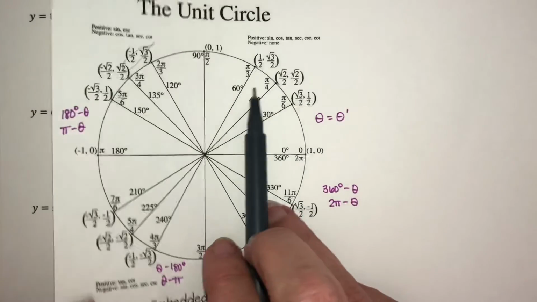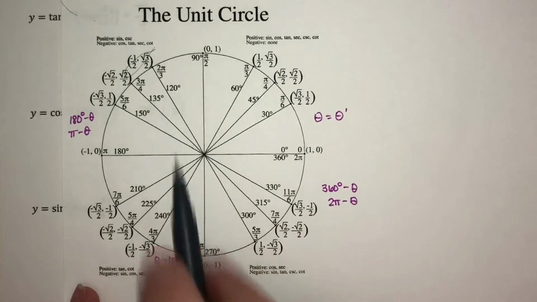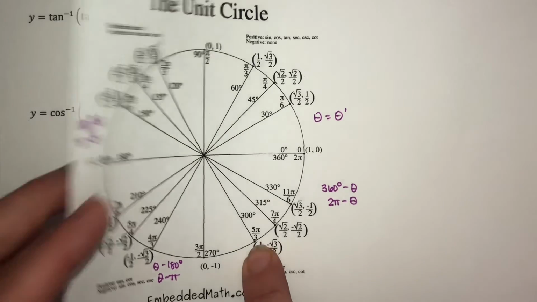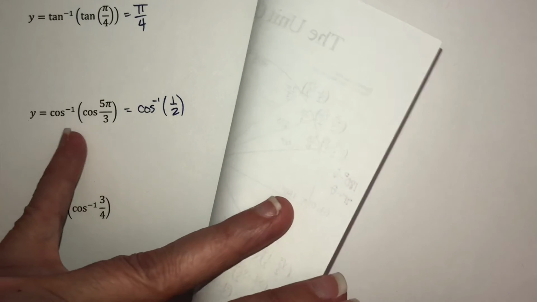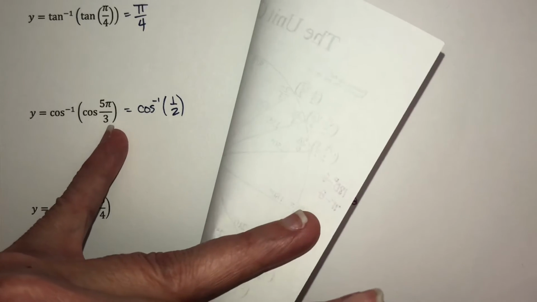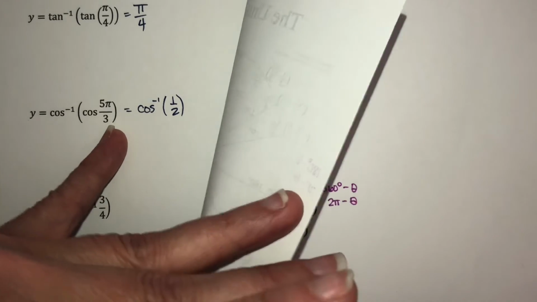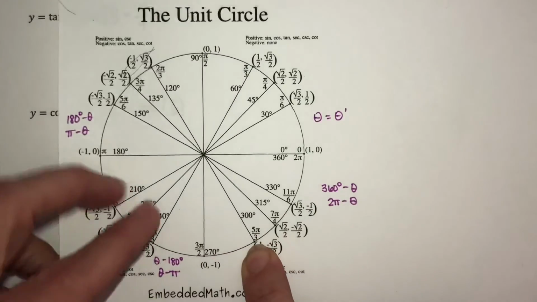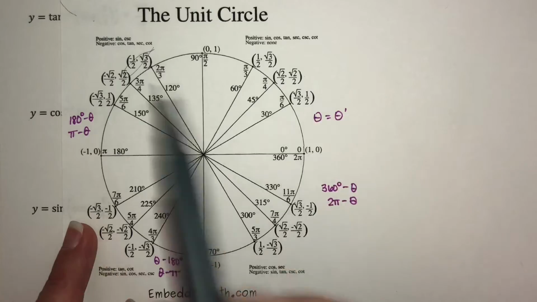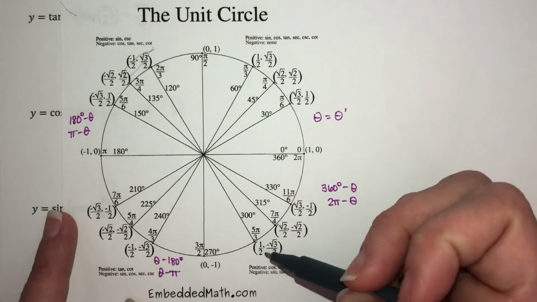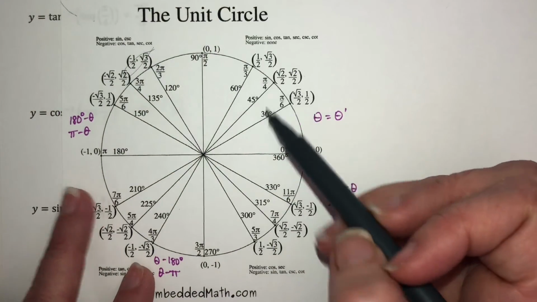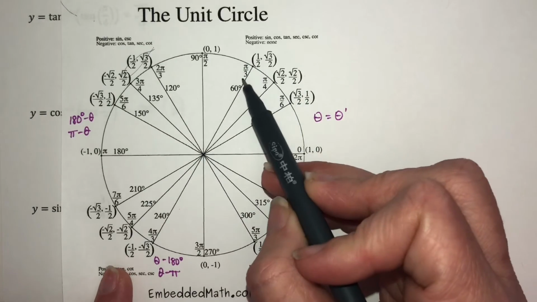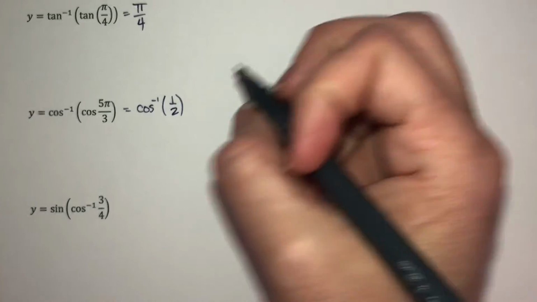Well, cosine inverse only gives us answers here and here. It does not matter that the angle we started with is in the fourth quadrant. For 1/2, it's going to give us an answer here in the first quadrant, because of cosine. So cosine inverse of 1/2 is pi over 3.